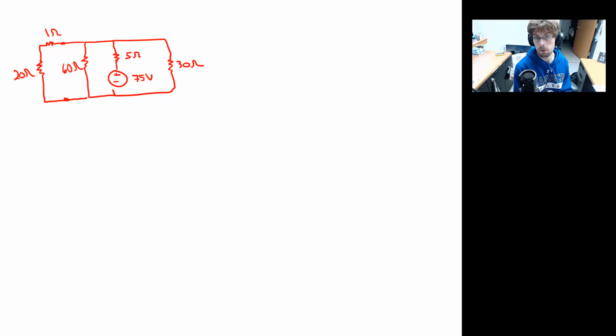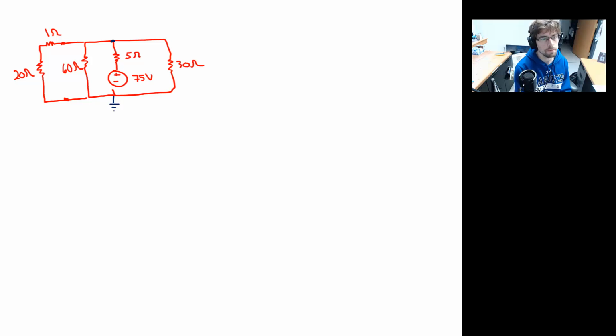Again, I personally like node voltage. That tends to be the one that I use the most often. And yeah, if we ground this side, we see that this side has to be at 75 minus that 5 volt, that 5 ohm thing.